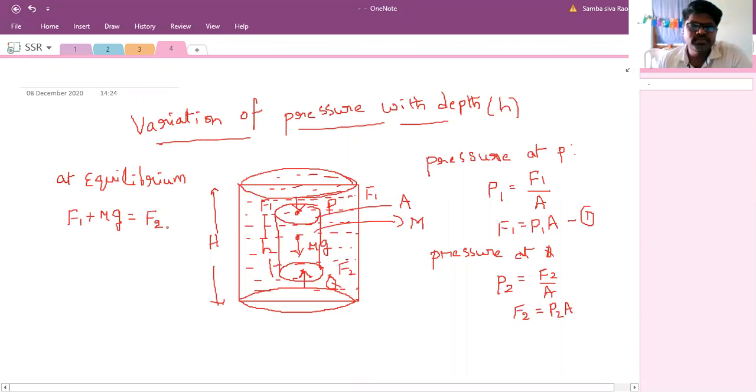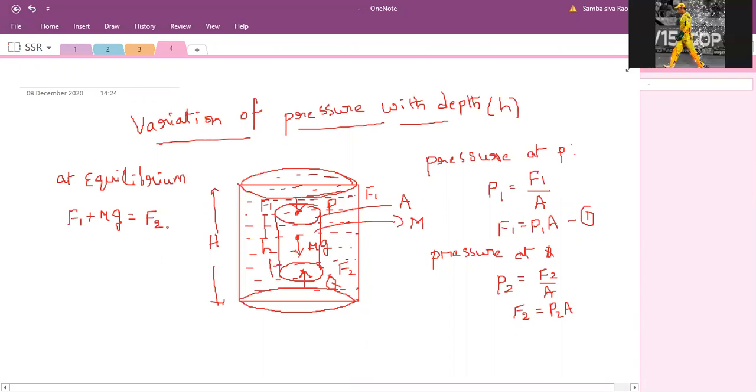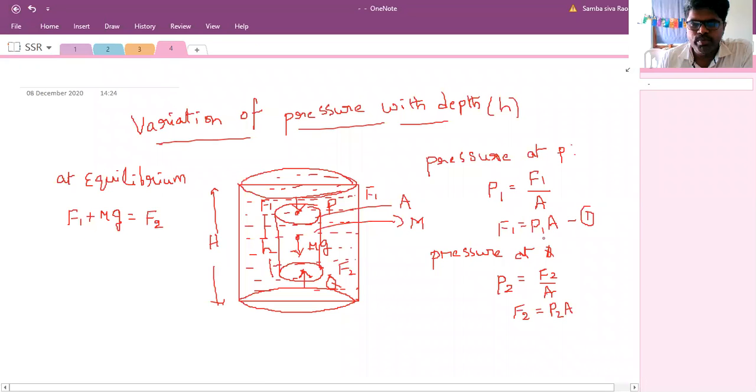Are you clear on this step? On the imaginary liquid column, F1 plus mg should be equal to F2. What is the F1 value? P1 A. And what about m? Suppose rho is the density. Then mass m is equal to rho, the density, into the volume of the imaginary liquid column.